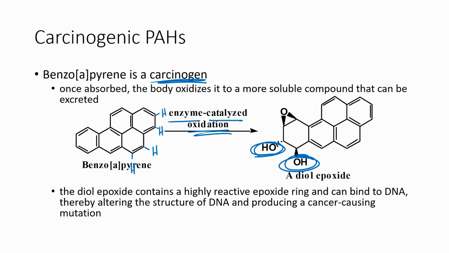But the problem is that on the way to that diol, this epoxide ring is formed. And that epoxide ring is really reactive and unstable. If it happens to find your DNA, it can alter the structure of the DNA and produce a cancer causing mutation.